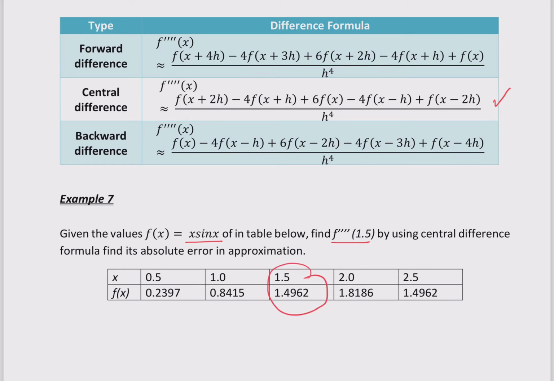So we have two values backward, and we also have two values of your function forward, so that we can apply the central difference, because we have all these values of the function.